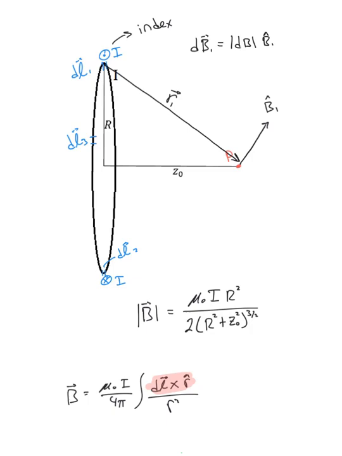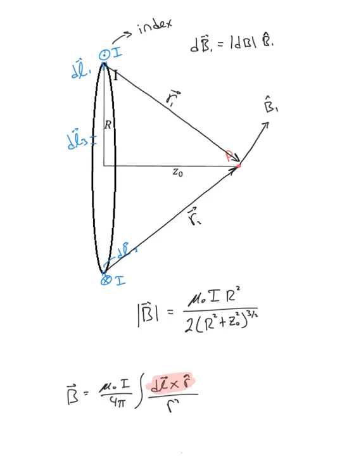So now let us look at dl2, our other little bit of current at the bottom here. Well, dl2 has an R2 vector associated with it, which points straight toward point P from the bottom of the loop.